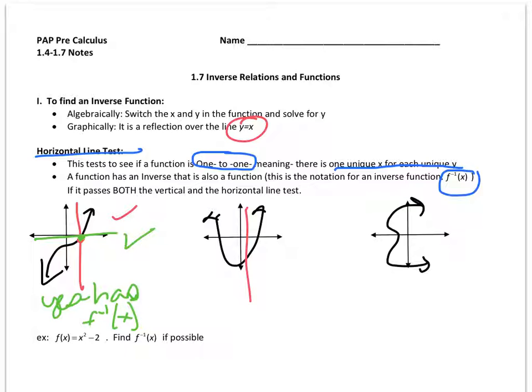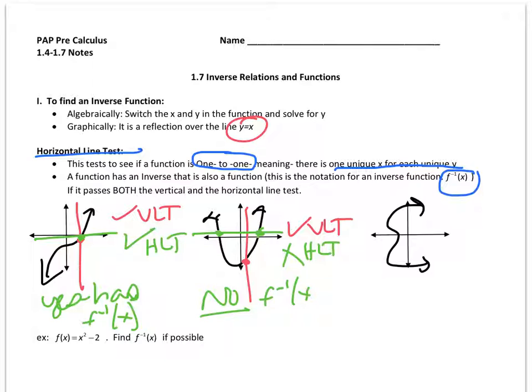If I do the second one, which is a quadratic, it passes the vertical line test, but it's going to fail the horizontal line test. So that means no inverse that's a function.